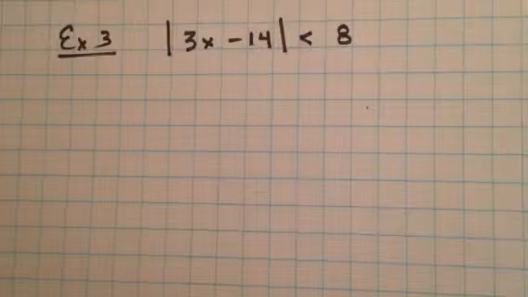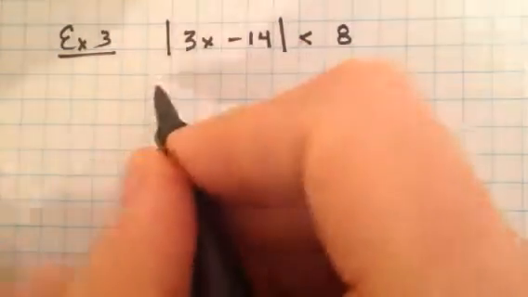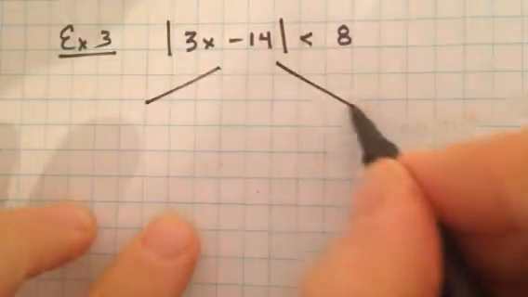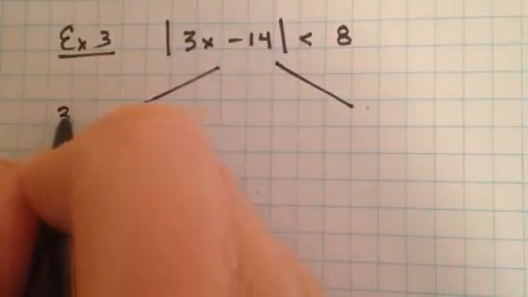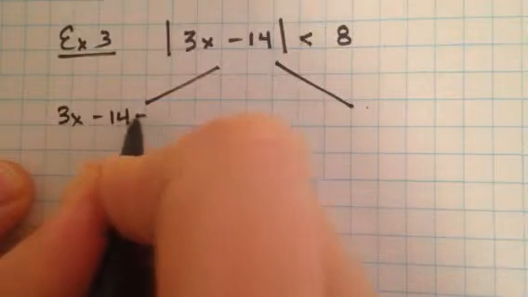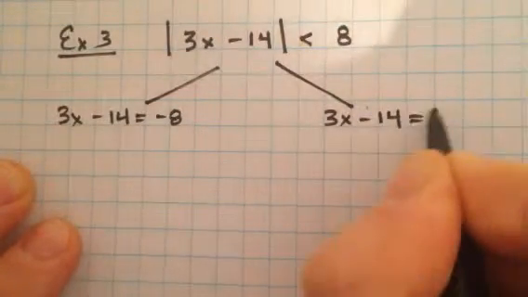Pause the video here. Okay. For the first step, did you get 3x minus 14 is equal to negative 8, or 3x minus 14 is equal to 8?